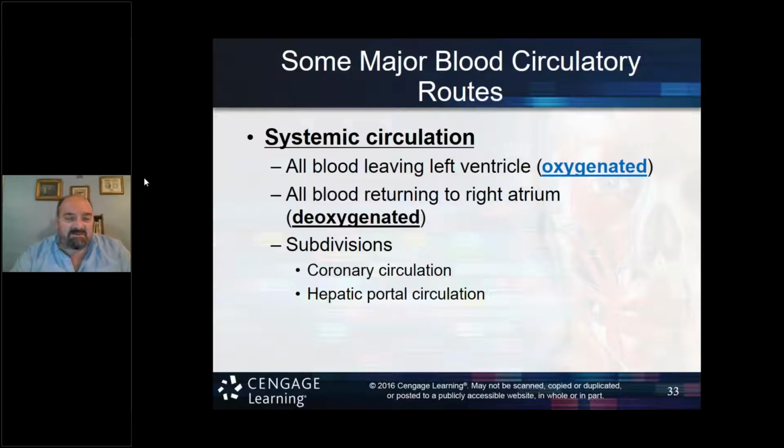All right, so systemic circulation, this is where we're taking this oxygenated blood and we're sending it through the whole body, right? And so all the blood that's leaving the left ventricle is entering into the ascending aorta, and really the first area of the body that receives this freshly oxygenated blood would be what?